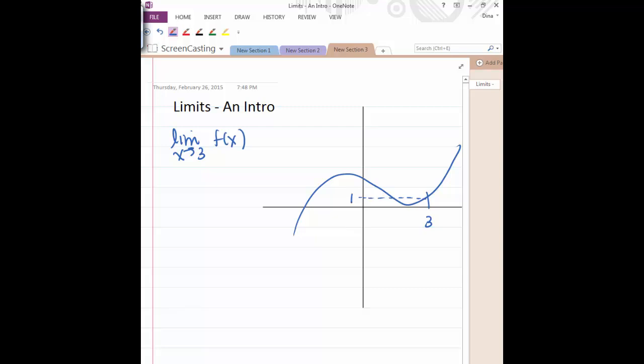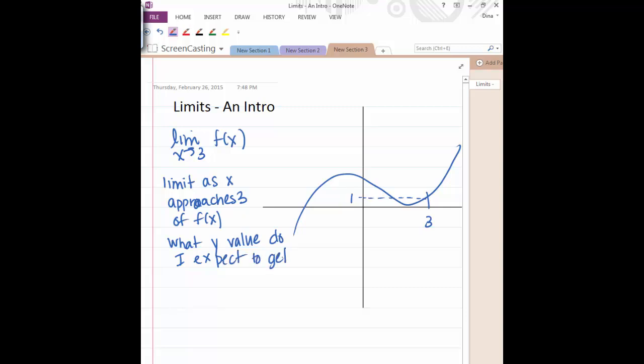So I've got a function here, and when I say the limit as x approaches 3 of f of x, what I'm really saying is, what y value do I expect to get if my x values get really close to 3? They don't ever actually have to reach 3, they just have to get really close to 3.